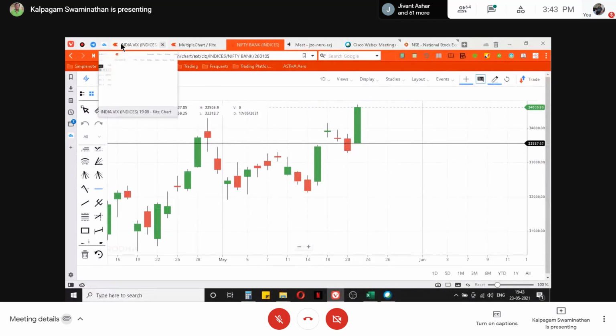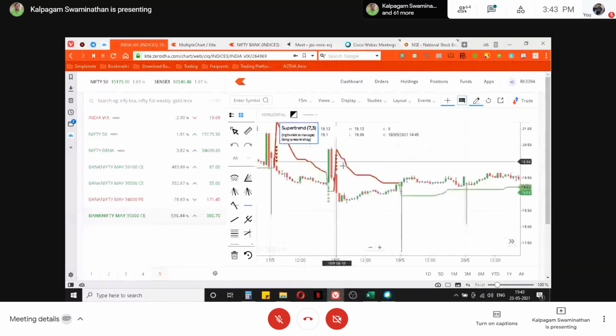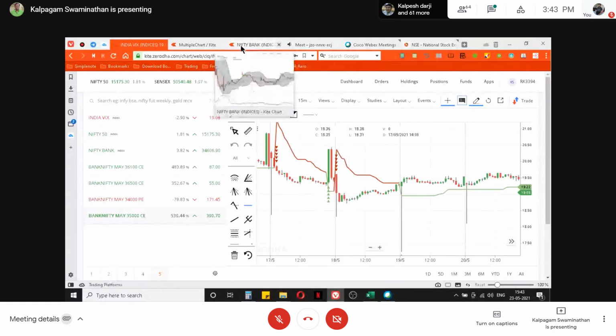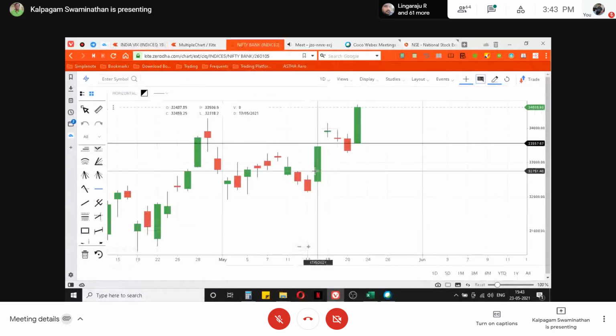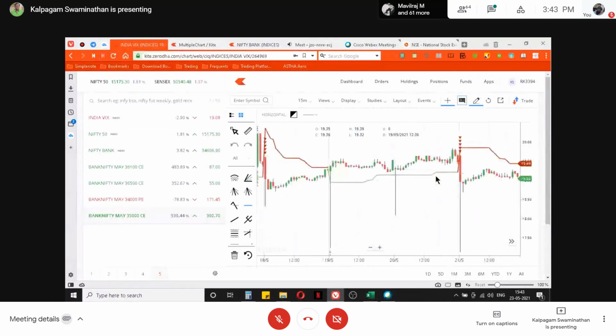Here VIX was below Supertrend. This was on 5th, 18.5. What did the market do on 18.5? The market trended upwards. Then when VIX is above the Supertrend, the market fell.